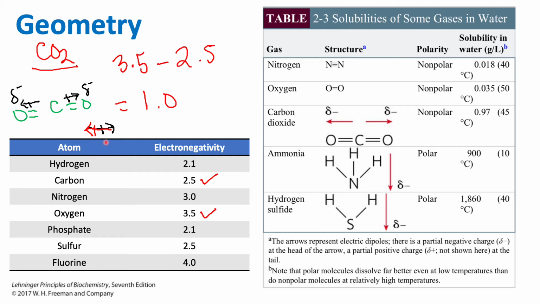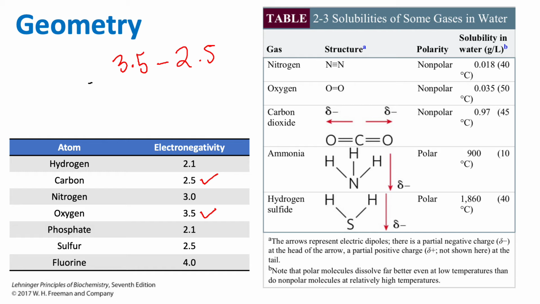So that means that even though we may think that carbon dioxide is polar because of its electronegativity difference, it is actually non-polar because of its geometry. And this is a very important characteristic to determine if a molecule is polar or non-polar.